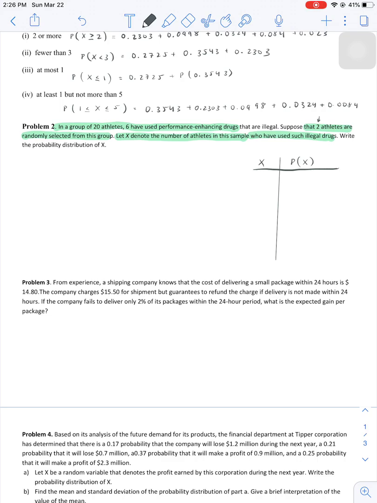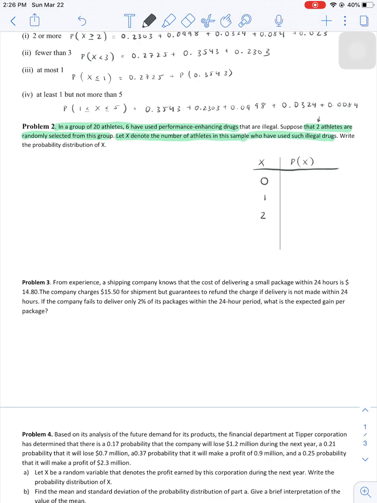So the possible values for x are that 0 out of the 2 have taken the drugs, 1 out of the 2 has taken the drugs, or both of them. So then, to finish our distribution, all we have to do is find those probabilities.